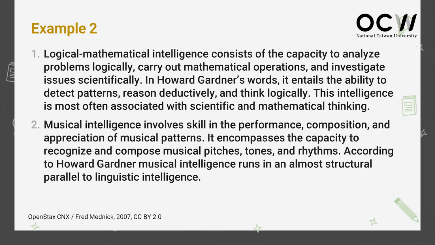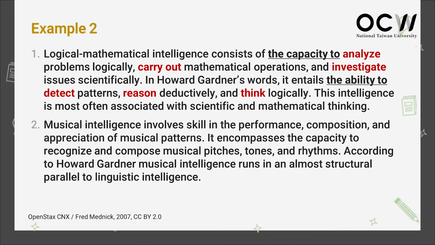Now first, let's look at paragraph 2. In paragraph 2, we can see that the parallel structure exists in the capacity to and the ability to. Both aim to define something. But what we can also see is the use of verbs. First, we have analyze, carry out, investigate, reason, think.